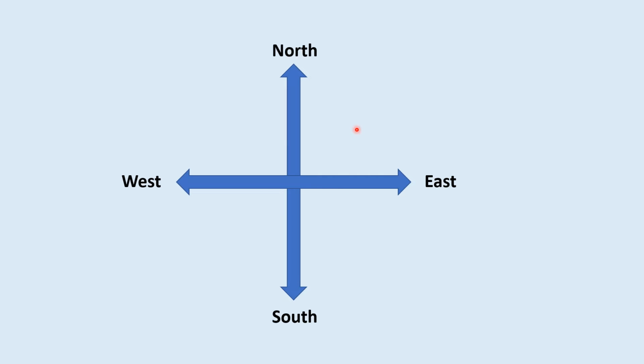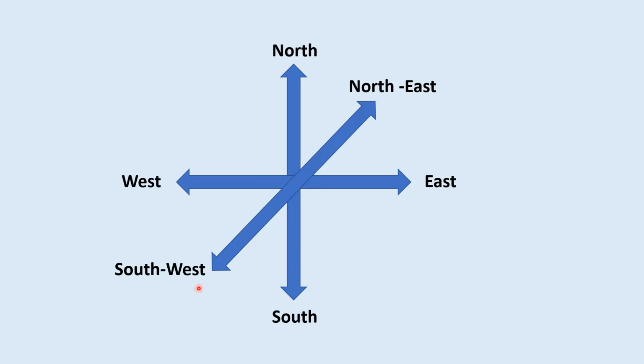The sub-directions are, now see children, this is north and this is east. So the arrow that comes between north and east is northeast. And the arrow that points towards the south and west, in the middle of south and west, becomes southwest.